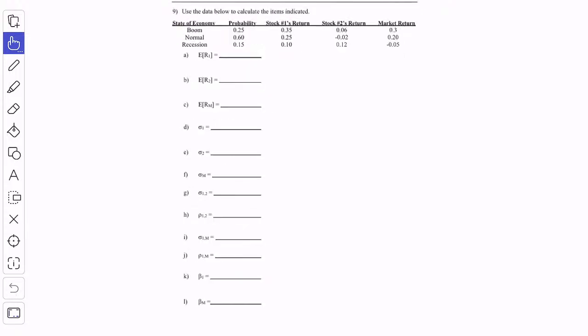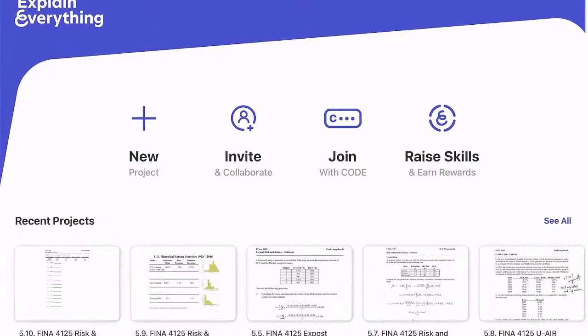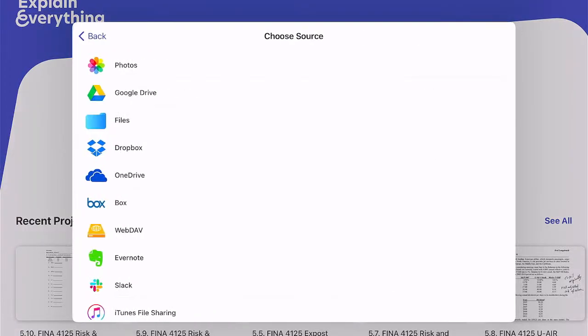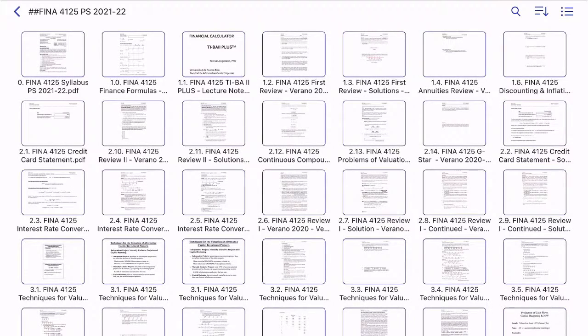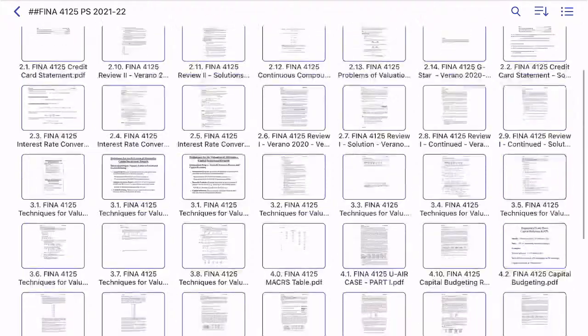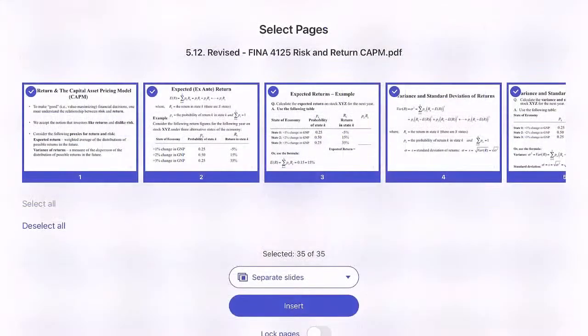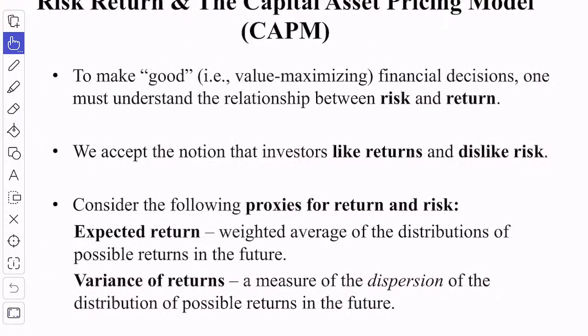So it's all about calculating returns, working with return data. And now 5.11, I think, is the solution set. So 5.12 will be the new notes. And here are the lectures.